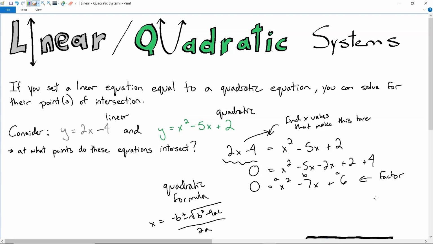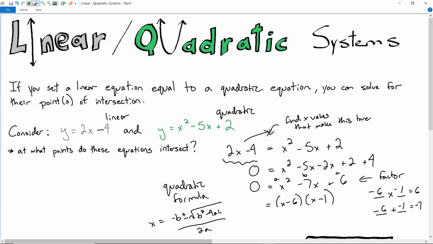I'm looking for two values that when multiplied give me a 6, and when added give me a -7. The only numbers that are going to work are -6 and -1, meaning that my factored form of this quadratic looks like this.